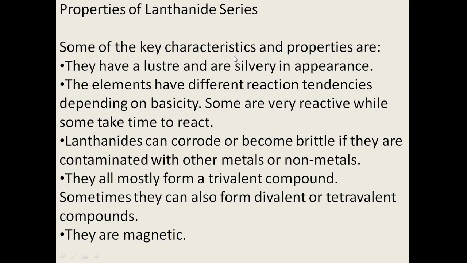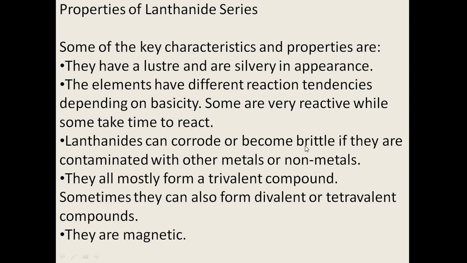Properties of lanthanoids. They have luster and are silvery in appearance. The elements have different reaction tendencies depending on basicity. Some are very reactive while some take time to react.